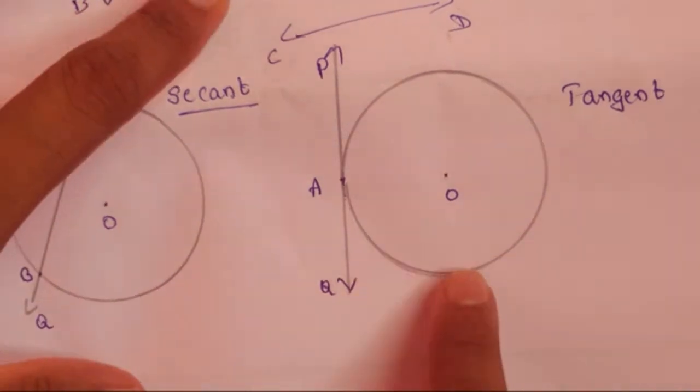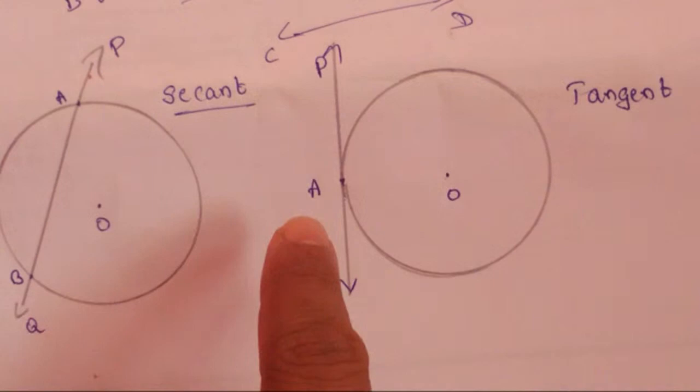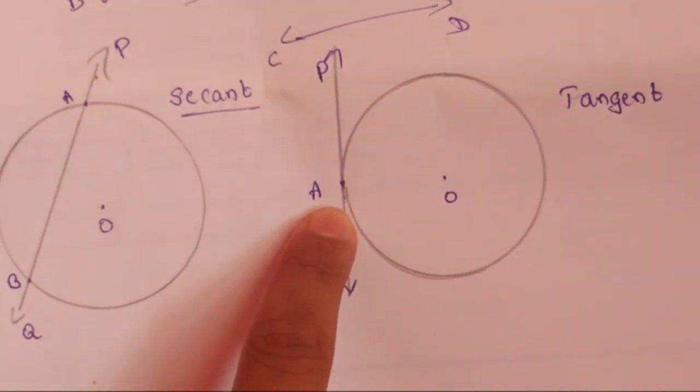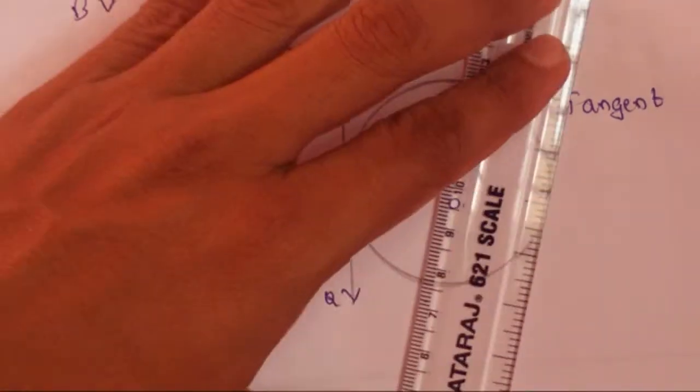So yeah, I will consider the same diagram. PQ is a tangent, which passes through the circle at point A. Now I will consider another line.